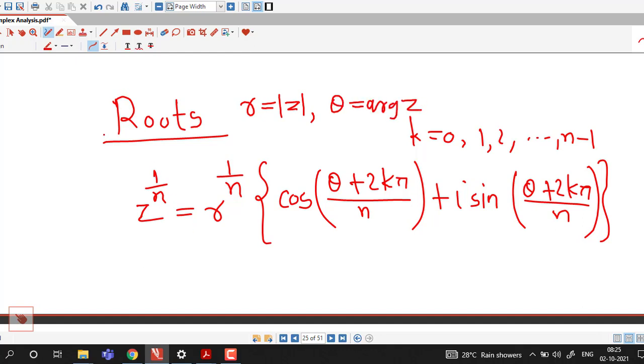So this is the general formula for finding any complex root of a given non-zero complex number.